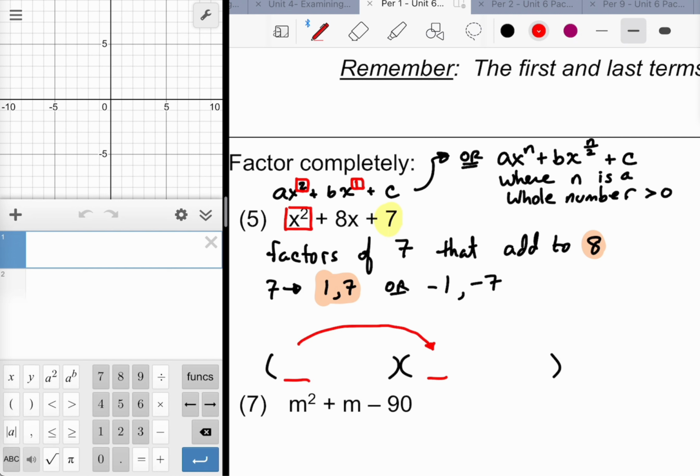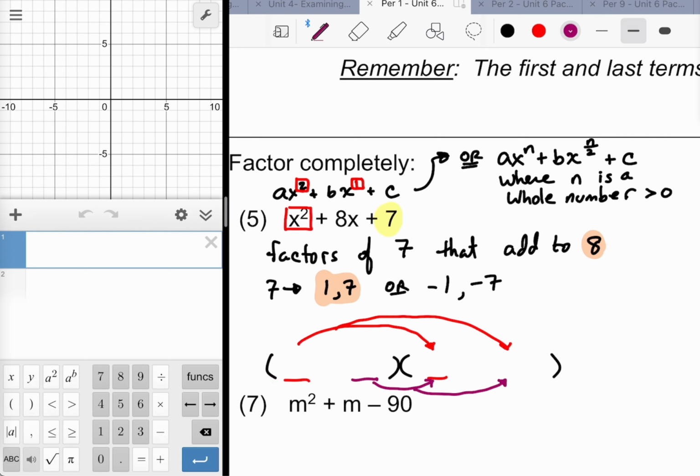Then I take that first term and multiply it by the second term in the second binomial, and take the second term in the first binomial and multiply it by the first one and the second one, then distribute it all out, clean it up, simplify, and eventually we get x squared plus 8x plus 7. But going back to the very first step, it would be take this number, multiply it by this number to get this number.